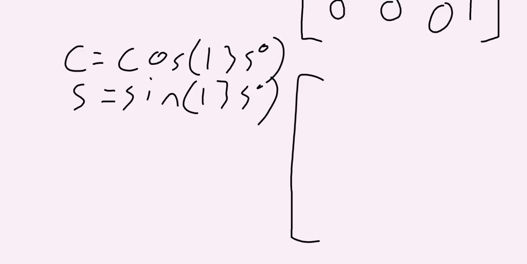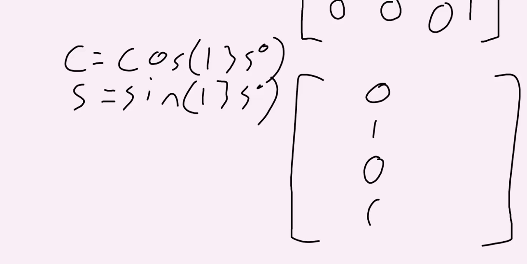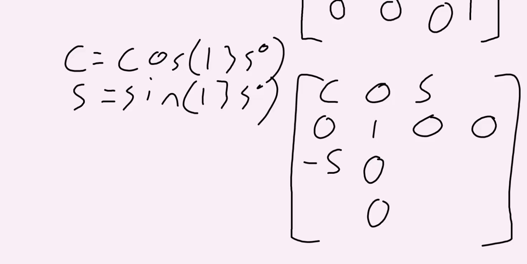And then the matrix we build will look like this. So we're going to leave the y-axis unchanged. And then we have cos here, sine here, minus sine here, cos here, and the rest is the identity matrix. So there, this is what it'll look like.